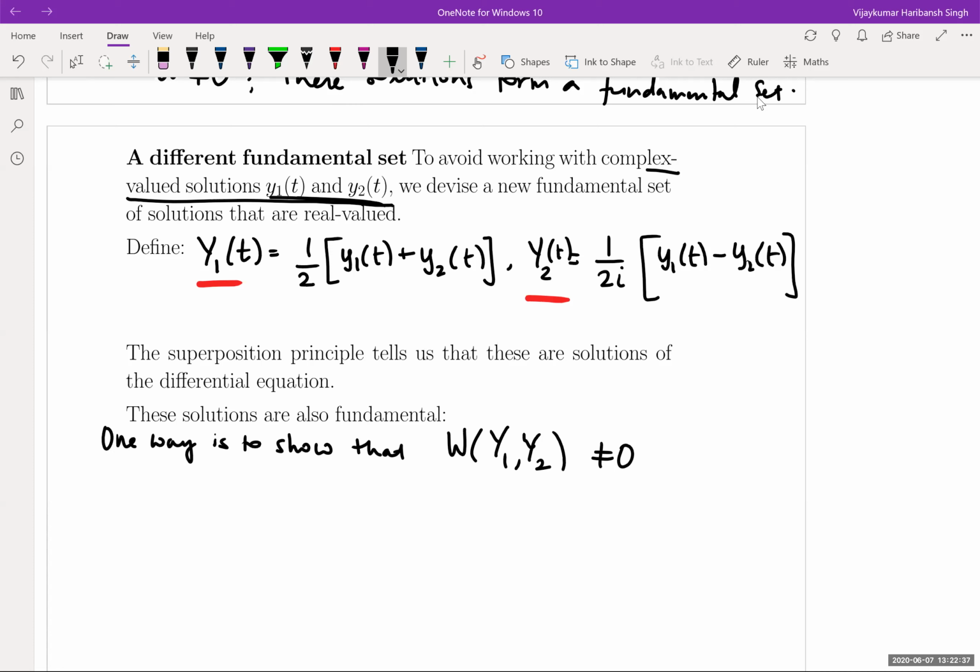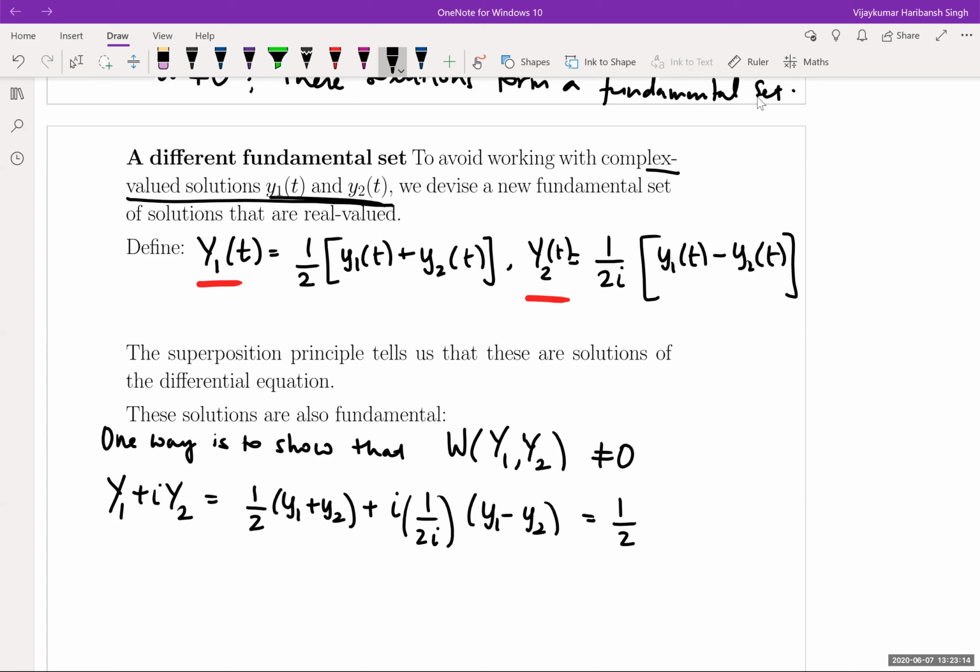Now, the other way is the following. Notice that if you take Y1 plus i Y2, what do you get? You get half y1 plus y2. I'm not going to write t, it's clear that these are functions of t. Plus i times 1 by 2i times y1 minus y2. So the i's will cancel out.